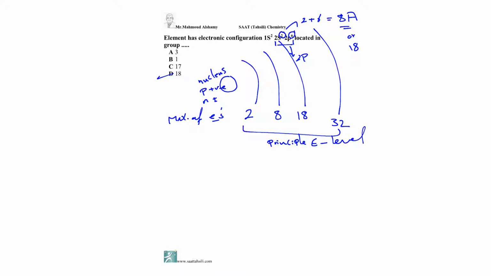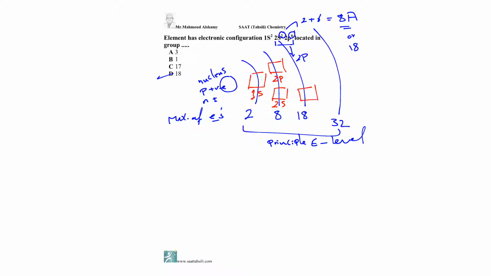Let's keep that in mind. And in each level we have sublevels. So for example, on the first floor we have one room. I'm going to name it 1s: 1 because of the first level, and s, this is the name of the room. In the second level we have 2 rooms, the 2s and 2p.